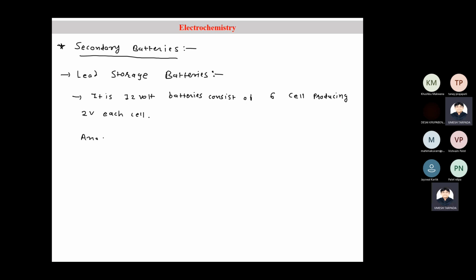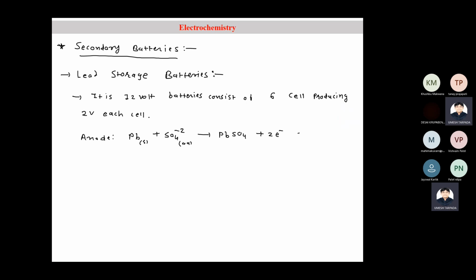What happens at anode and cathode? At anode, Pb lead is in a zero state, may undergo oxidation to give Pb plus 2, that is PbSO4, by losing 2 electrons.